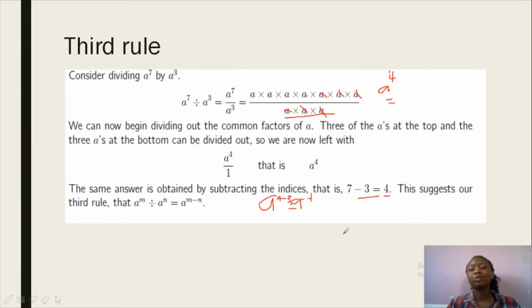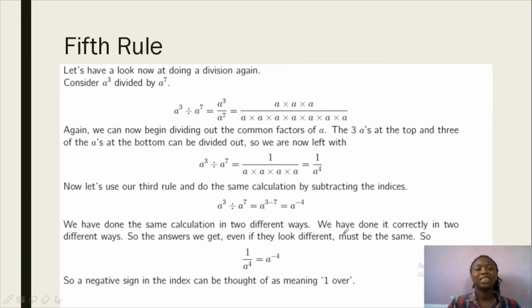You can boast with it that you understand this. So the fifth rule, let's consider dividing a raised to the power 3 by a raised to the power 7, as we've done before. But this is the inverse of what we did before. So now we have 3 a's up and 7 down.